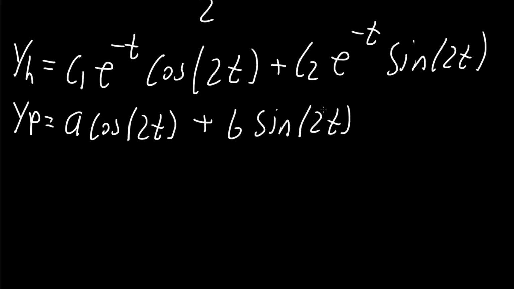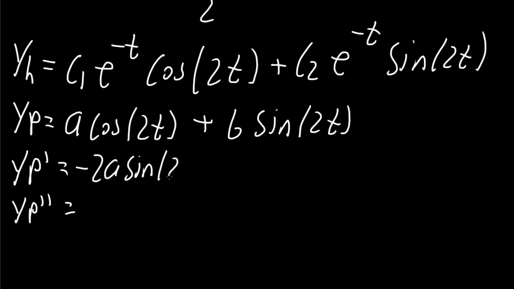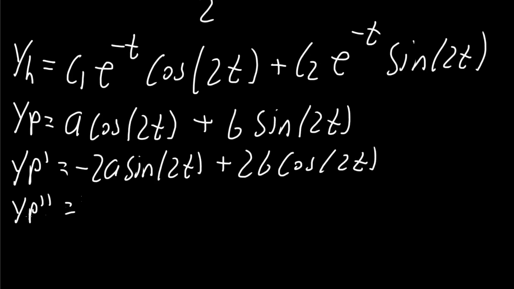The next thing we want to do is get yp prime and yp double prime. So yp prime is negative 2a sine 2t plus 2b cosine 2t, and for yp double prime, we do it again.